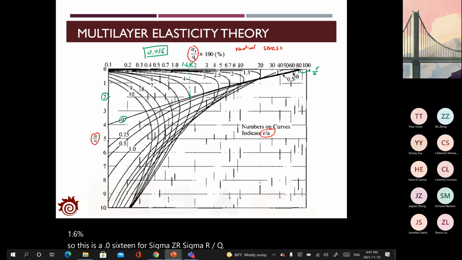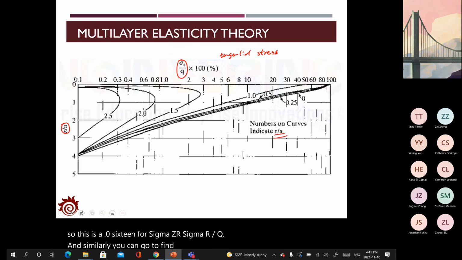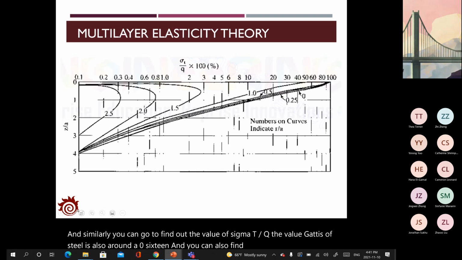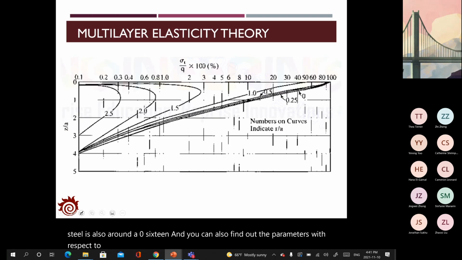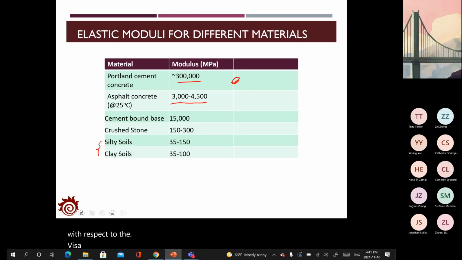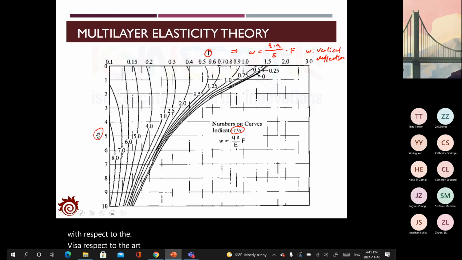And similarly, you can find out the value of sigma t over q. The value you get is also around 0.016. And you can also find out the parameter with respect to deflection. For that, you can get the value of F equal to 0.68.